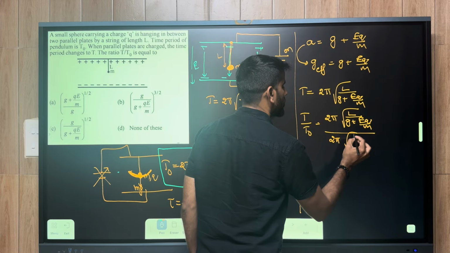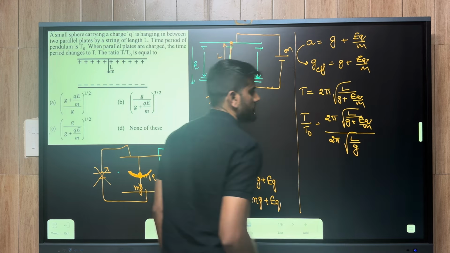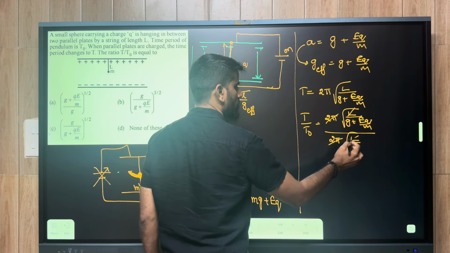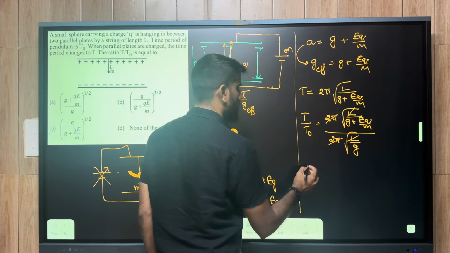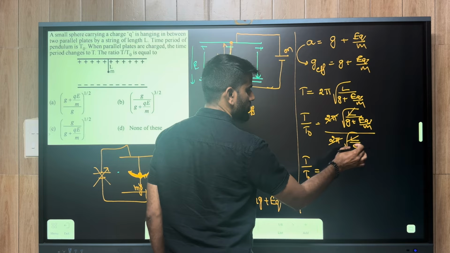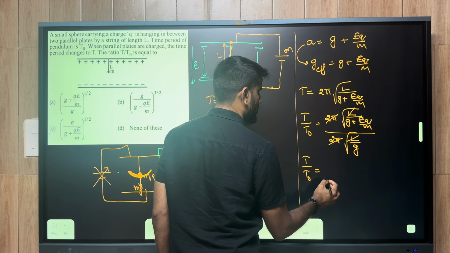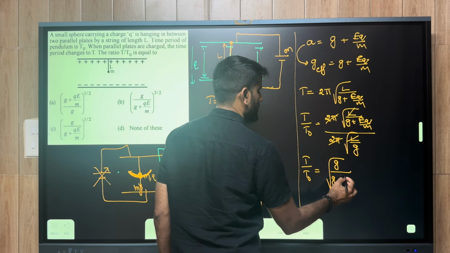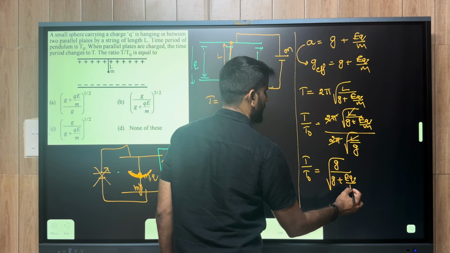We have 2 pi in the numerator and denominator, and root L in the numerator and denominator. What are we left with? T by T naught is equal to root over g, this g goes to the numerator, and this g stays here, plus Eq by m.